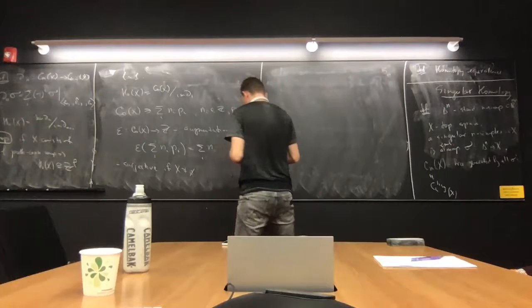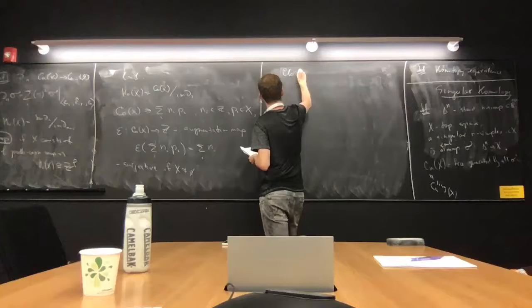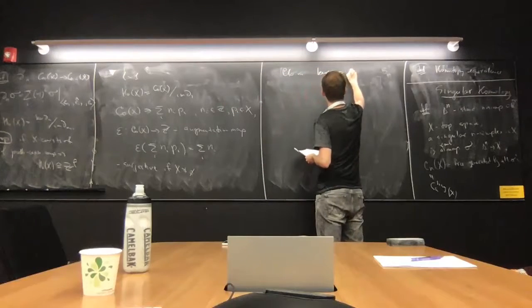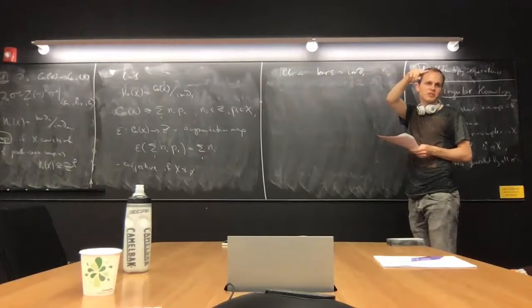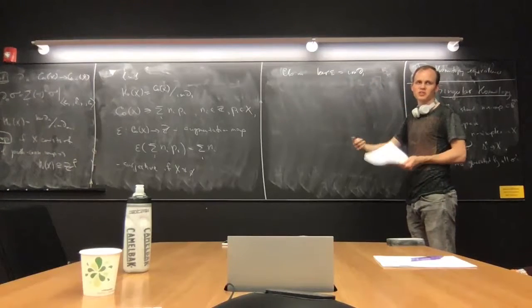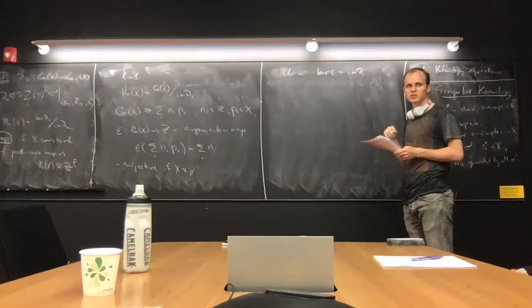Then we claim that the kernel of epsilon is exactly the image of d_1. That's exactly what you were noting, basically: the sum of the coefficients in front of the points has to be 0 for that to be a boundary of a one-chain.